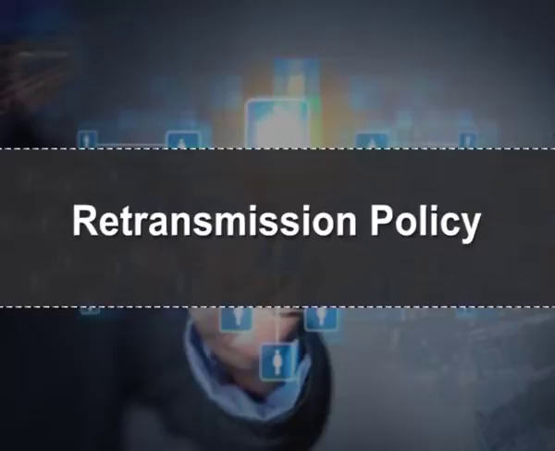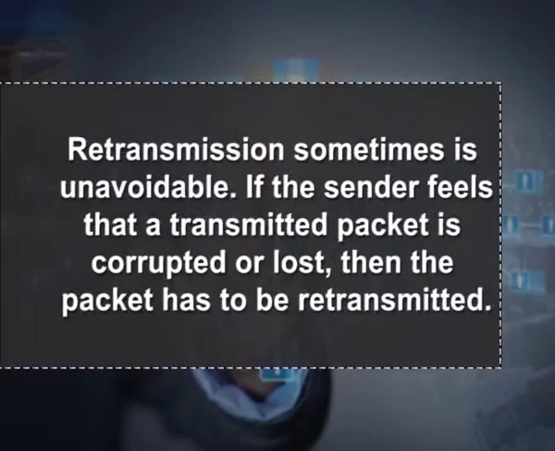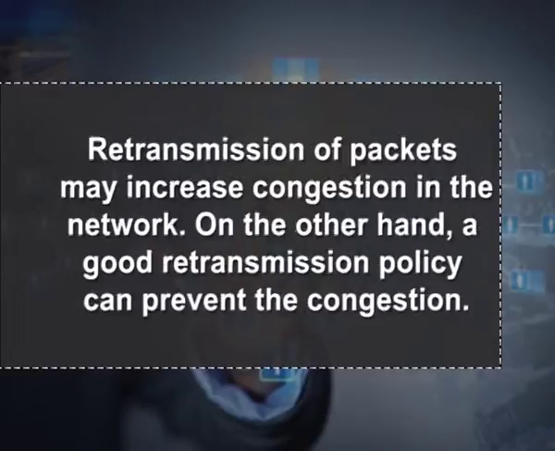First policy is retransmission policy. Retransmission is sometimes unavoidable. If the sender feels that a transmitted packet is corrupted or lost, then the packet has to be retransmitted. Retransmission of packets may increase congestion in the network. On the other hand, a good retransmission policy can prevent congestion.